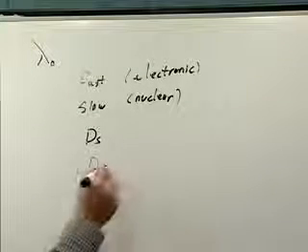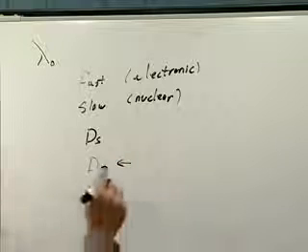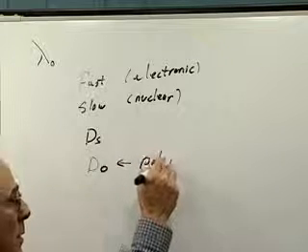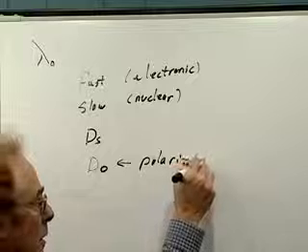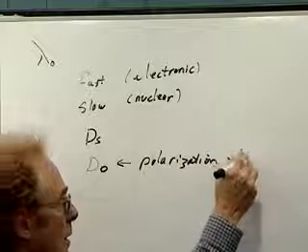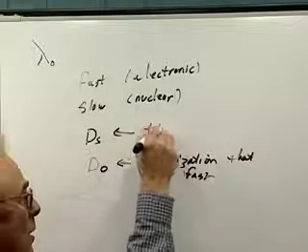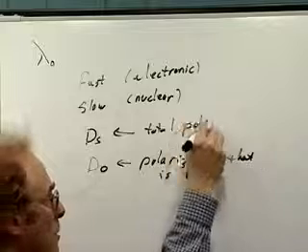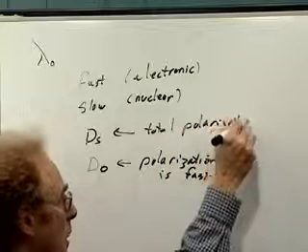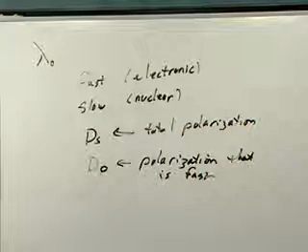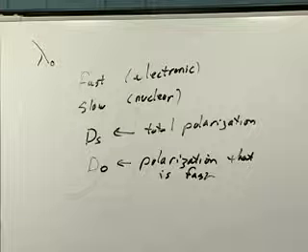So this measures the polarization that is fast, and this is the total polarization. And so the formula has to somehow recognize that difference.